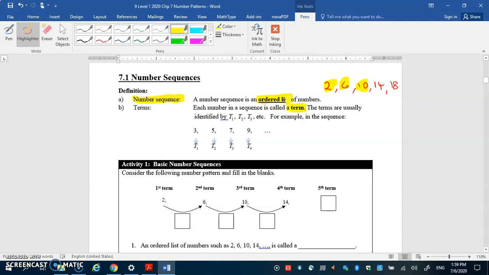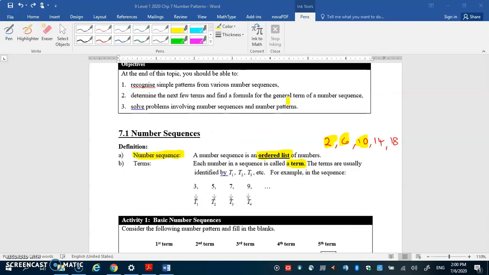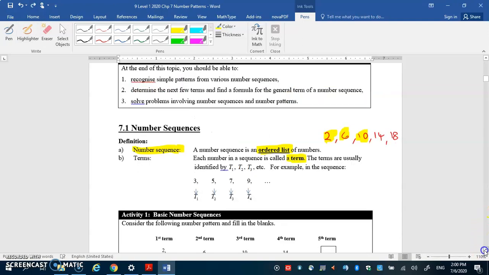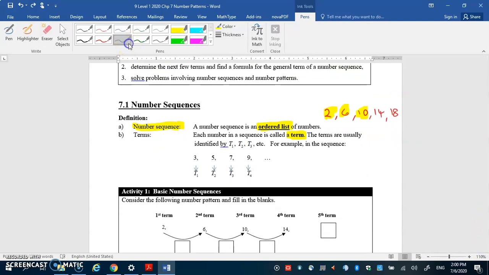And they are identified by T1, T2, T3, T4, etc. So that's first term, second term, third term, and fourth term. Okay, so in this case, this is your T1, this is your T2, T3, T4, T5, and so on. Okay, so two things you must know. This is called a sequence, a number sequence, and each of the numbers are known as terms.